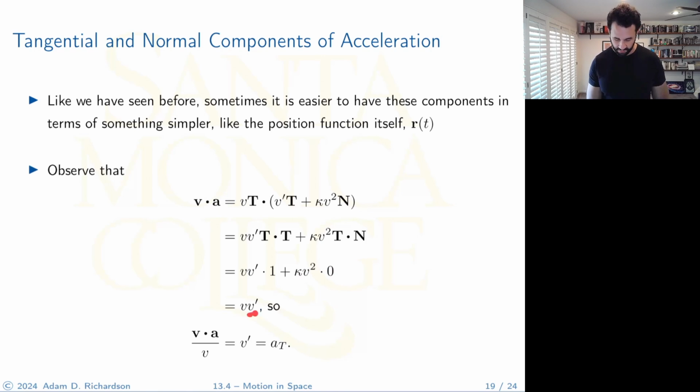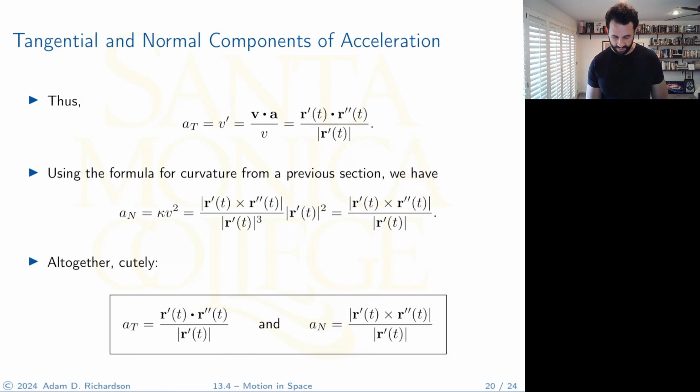So if we solve this for v prime, we get a formula for the component of acceleration in the direction of the tangent vector. There we go. Okay, so now we made a little bit of progress. Let's continue. Now, v dot a, if you remember, v is just r prime, and a is r double prime. So we can rewrite the top as r prime dot r double prime.